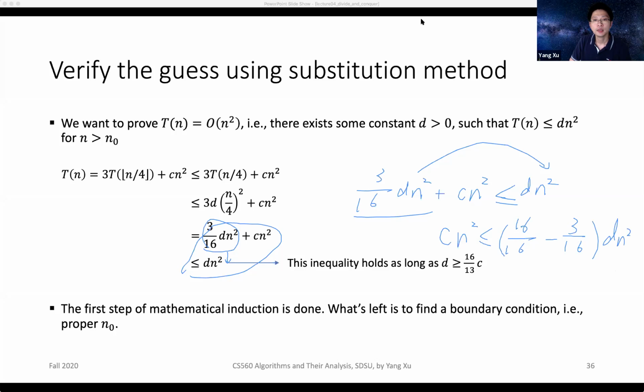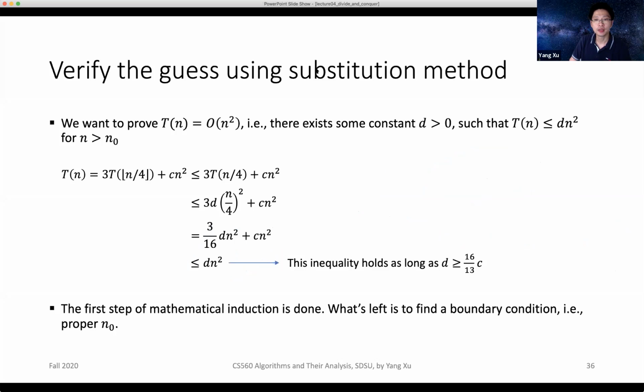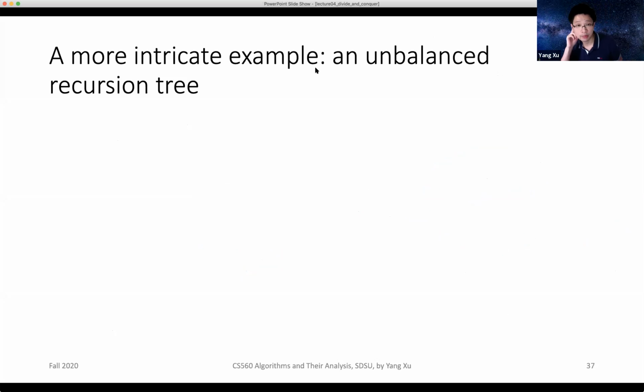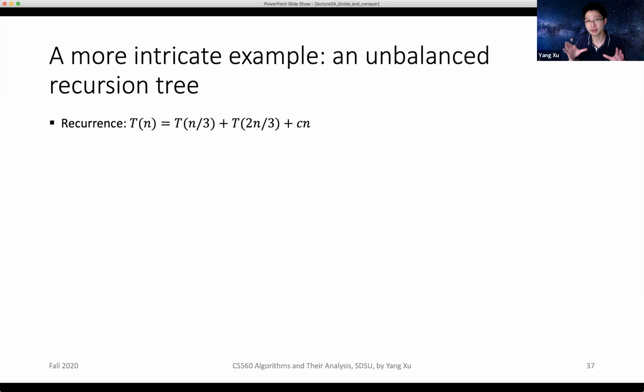Alrighty. So in this example, we'll see that the recursion tree method is a very powerful tool, even if the tree is unbalanced. So we have a very irregular kind of recurrence. Say we have a recurrence like this.